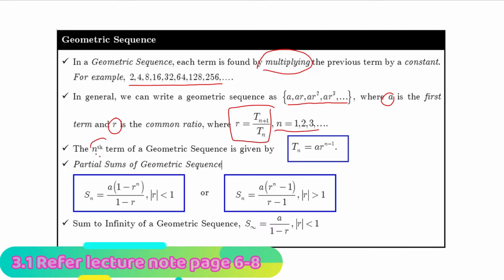The nth term of our GS is given by Tn equals a dot r to power n minus 1. We also have two formulas for partial sums of GS with r less than 1 or r greater than 1 correspondingly. And in GS, we have sum to infinity with the formula a over 1 minus r.